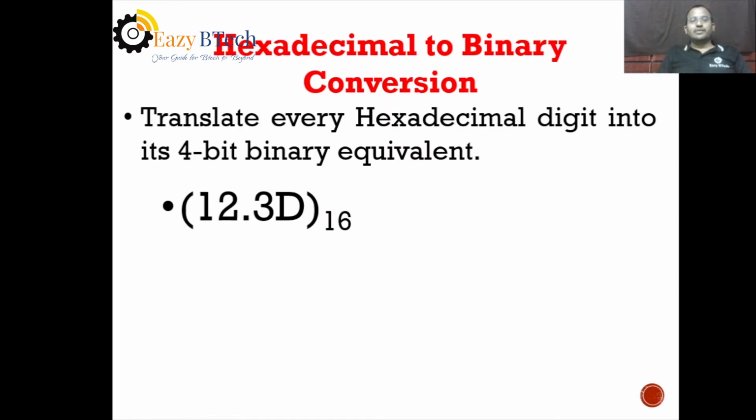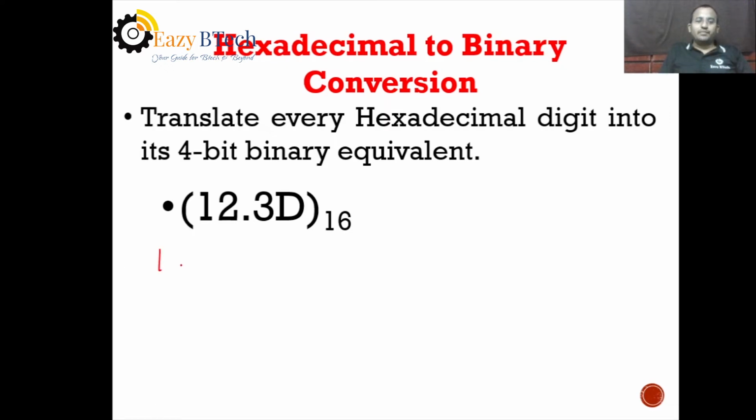Here we have the integer part as well as the fractional part. It doesn't matter if we have integer and fractional parts. The procedure we have to follow is to write, for each hexadecimal digit, the corresponding 4-bit binary equivalent.